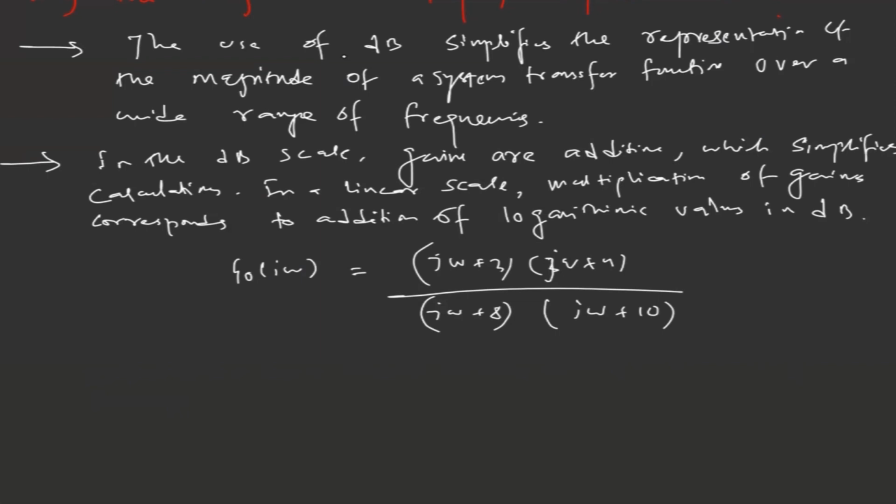So we'll take an example, then it will be clear. Let's assume that G naught of s is, for example, K into Gp of s. Here K is the controller gain and Gp of s is the plant.